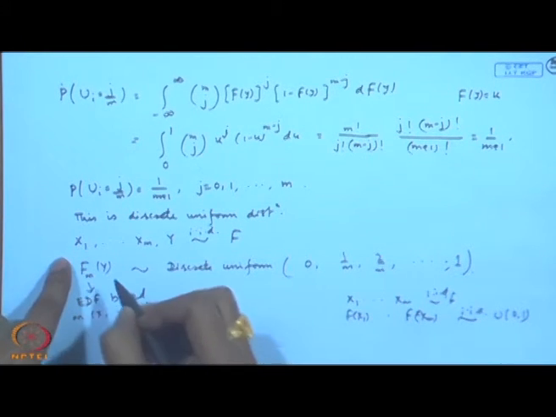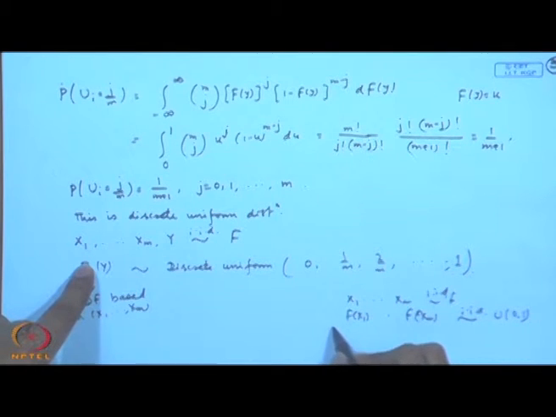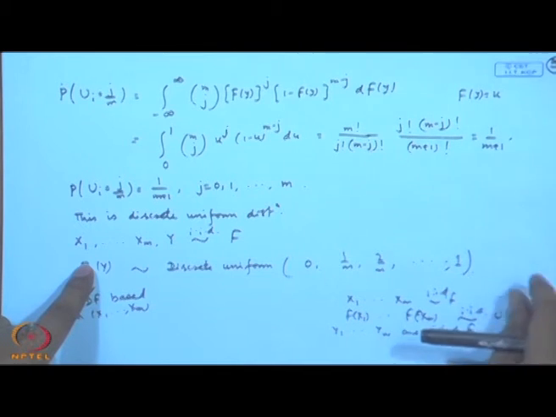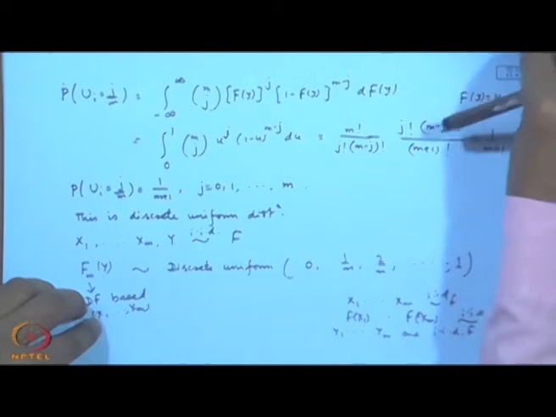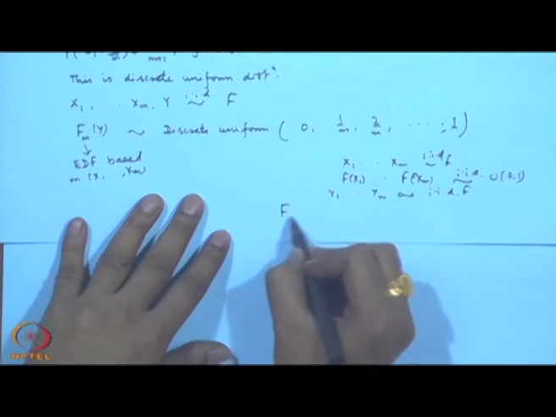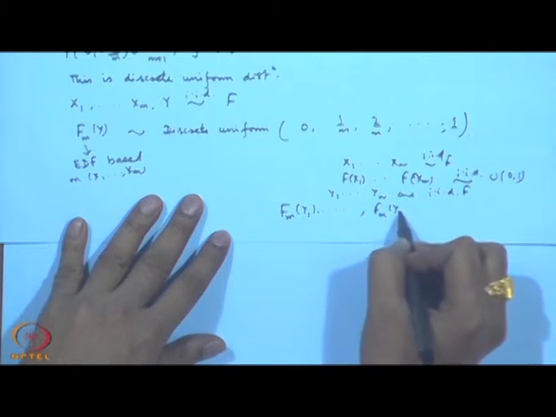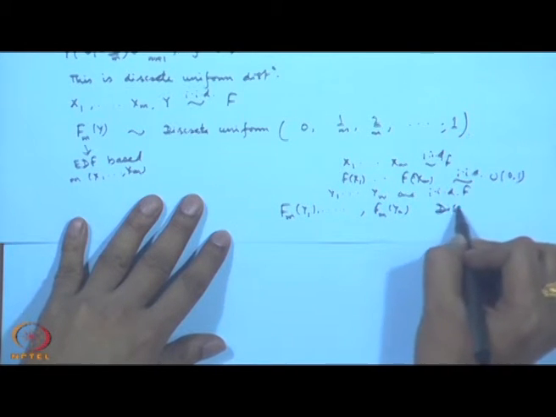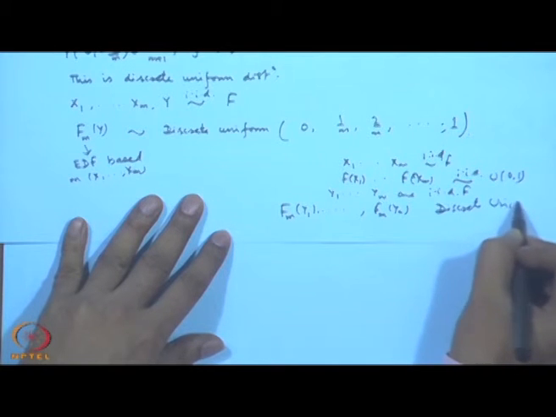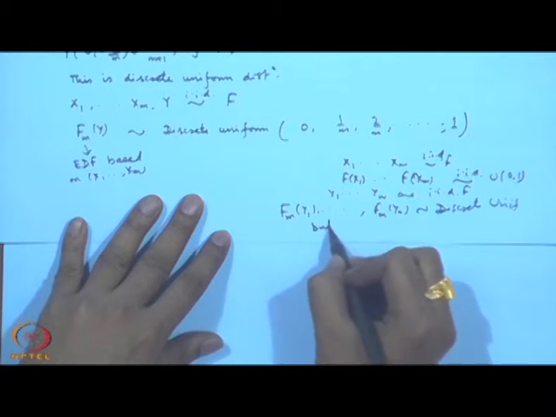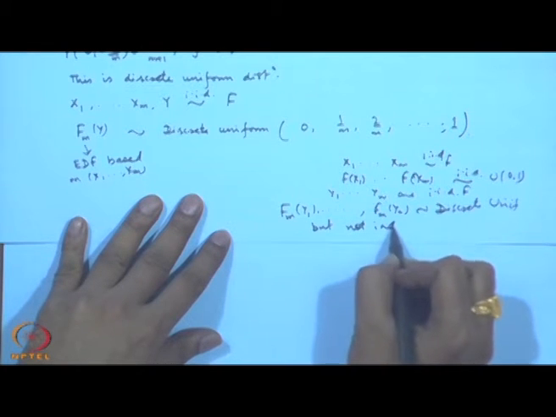That means, what I am saying is that if y 1, y 2, y n are IID f, and I define f m of y 1, f m of y n, then they are discrete uniform, but they are not independent.